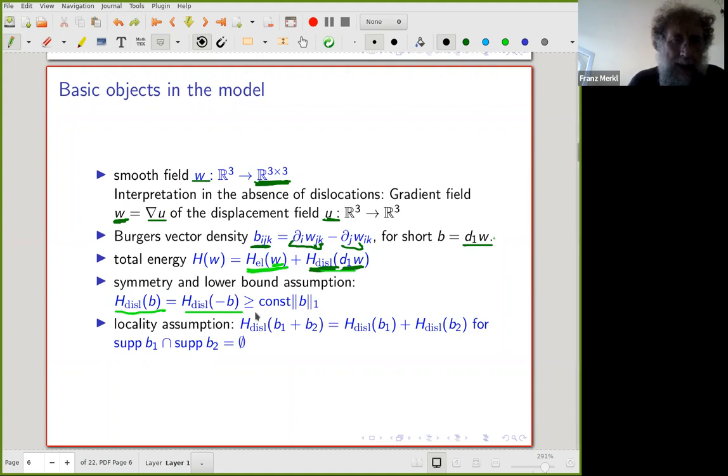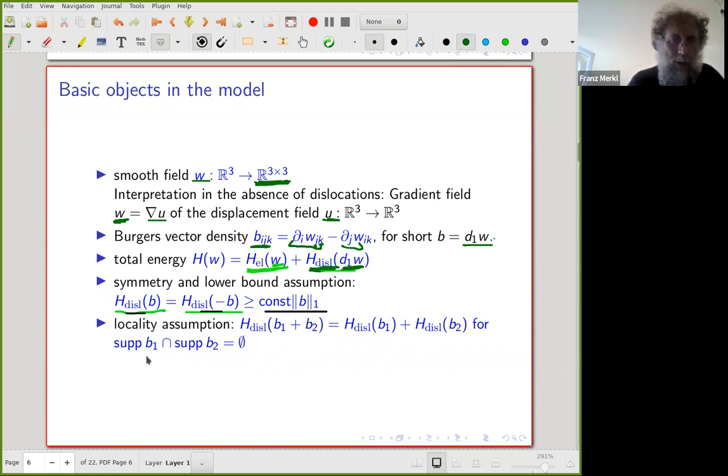Another thing, the cost of the dislocation should be bounded below at least by the one norm of the Burgers vector density times a constant. And another locality assumption, as I mentioned, this dislocation part should be a local thing.